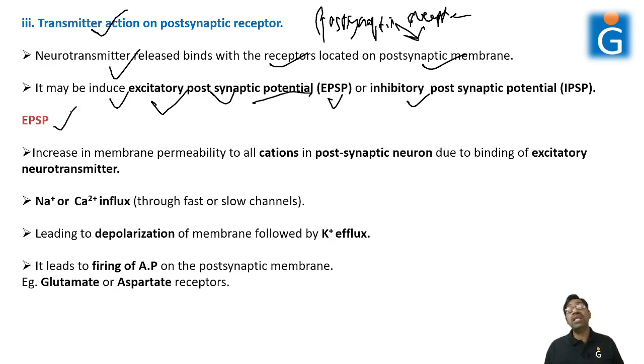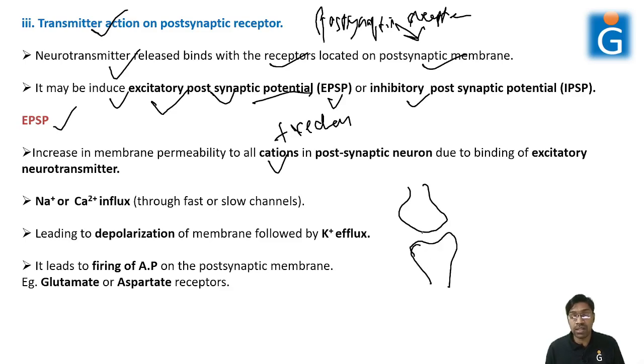When there is any influx of cations, that is positively charged ions, when any neurotransmitter is going to bind, if this is a presynaptic neuron, this is a postsynaptic neuron, this is a synapse.